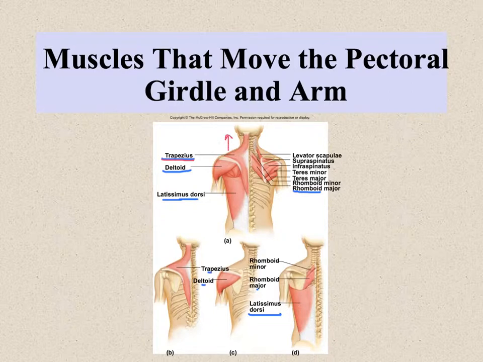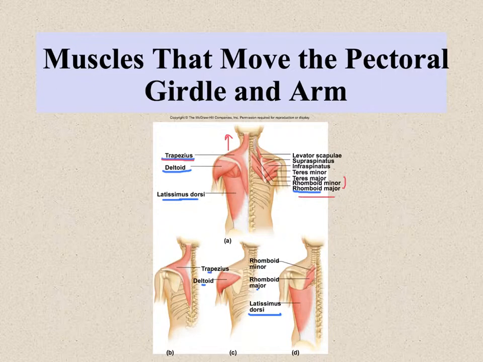The rhomboid muscle over here, rhomboideus, comes in again a major and a minor form, bigger and a smaller version, and since it is below the scapula, I think you can figure out that this is involved in then depressing the scapula. So the trapezius and the rhomboid muscles work as antagonists in moving your shoulder blade around and stabilizing the pectoral girdle.